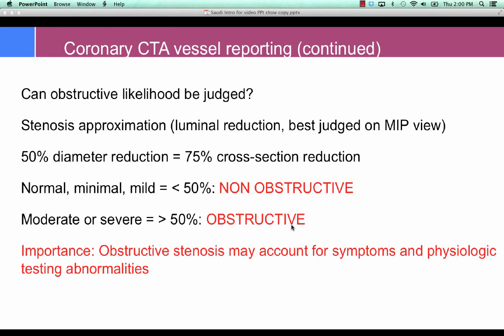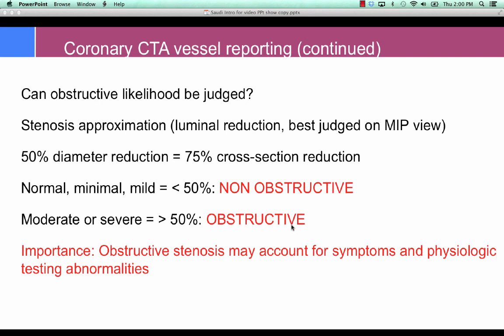What people really are waiting for is your description of whether or not you can judge the stenosis of a vessel. We avoid putting numbers on it, but we do have the understanding that a 50% diameter reduction best characterizes a lesion that is likely to be flow limiting if it's fixed at that amount.